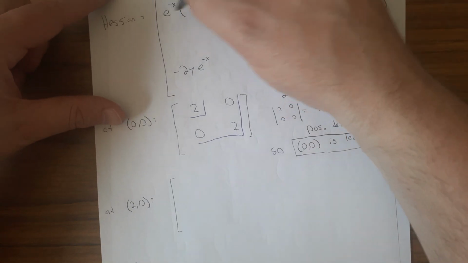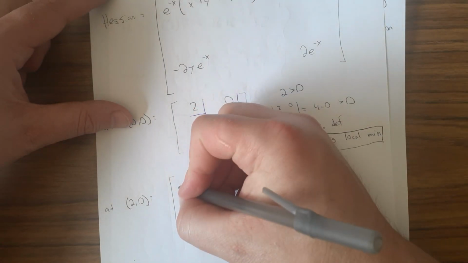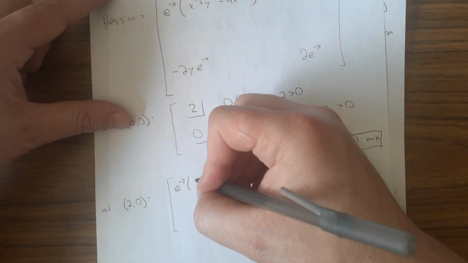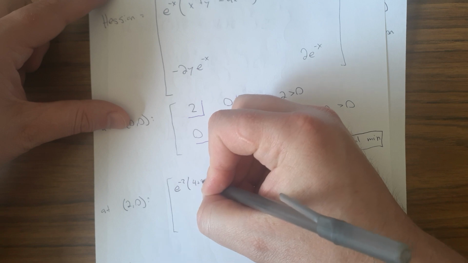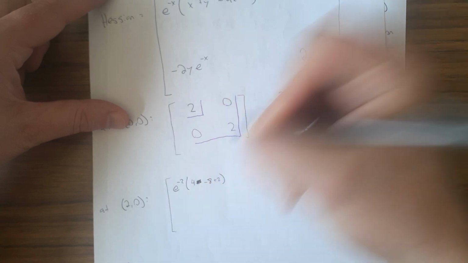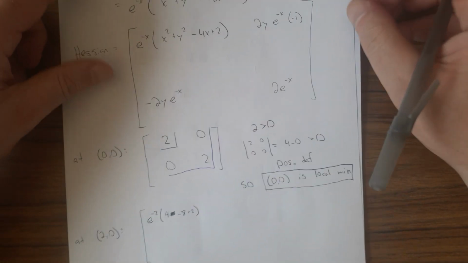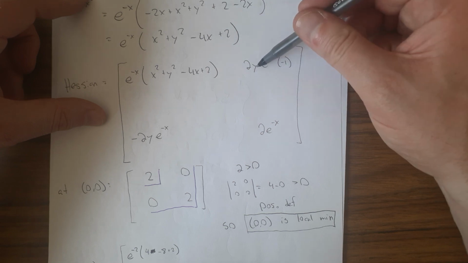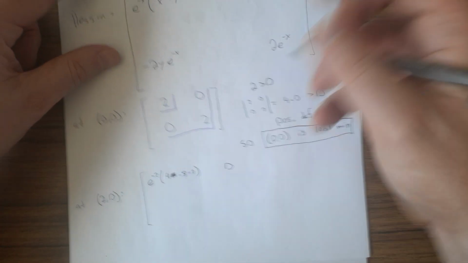Actually, let me not go too fast here. I've got an e to the negative 2 times 4 minus 8 plus 2. This is just going to be 0 because y is 0.